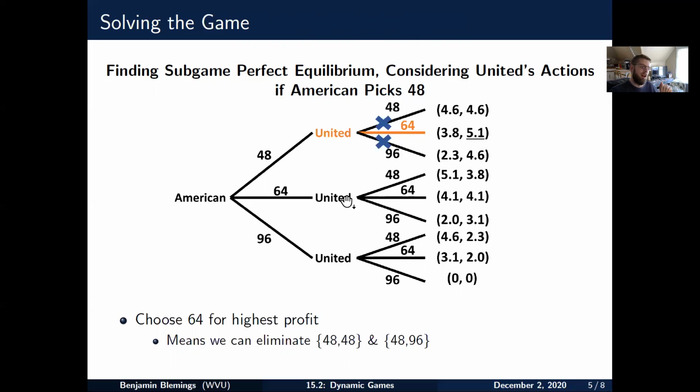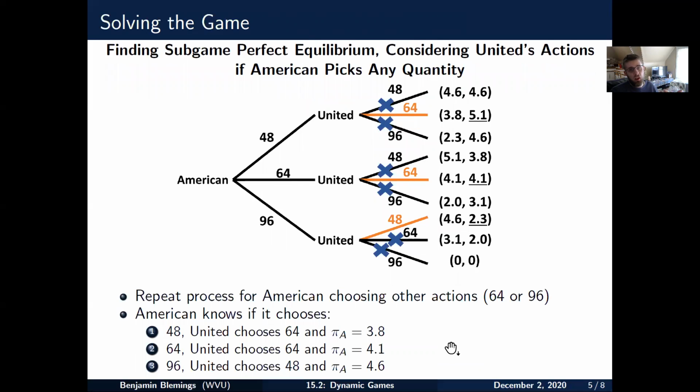A fancier name for this is that we're pruning the branches of this tree at 96 and 48. We're going to eliminate them, and I'm going to signify that with these X's. And so we can go through and do the same thing at every other node. If American chooses 64 and United finds themselves here, they can choose 48 and get 3.8.